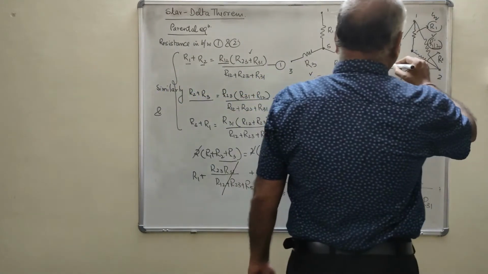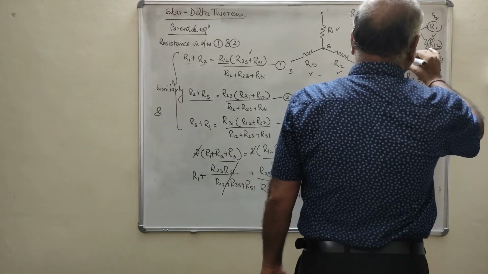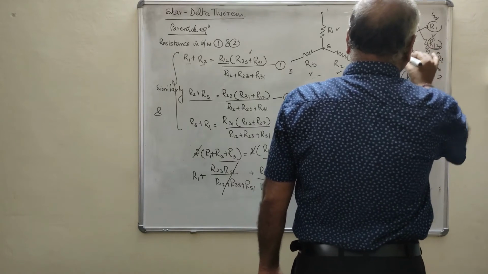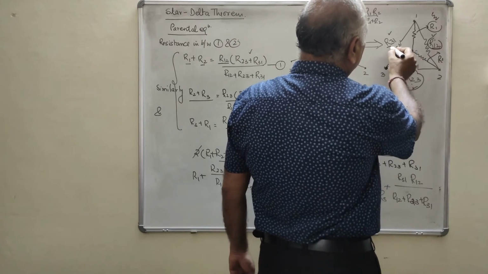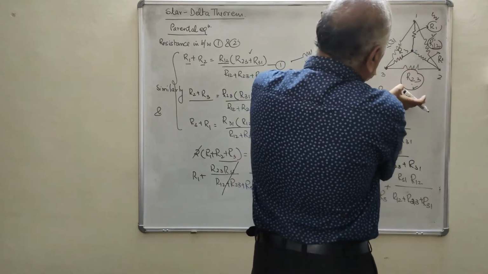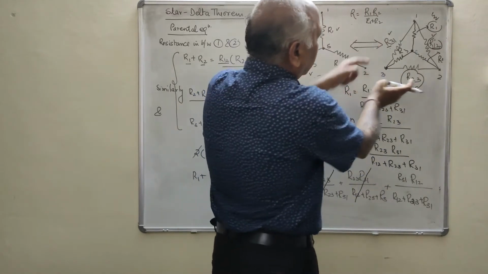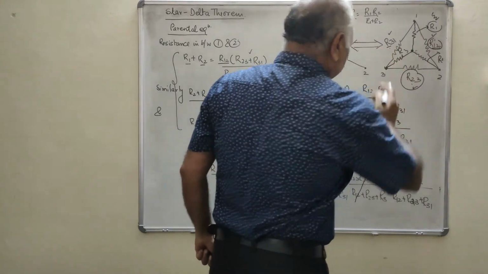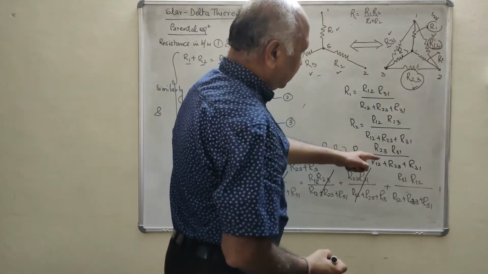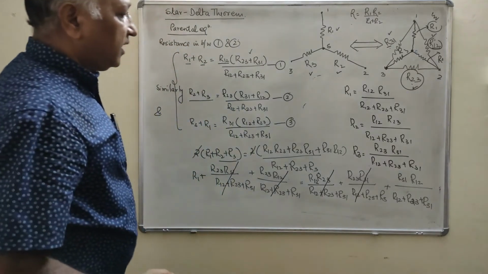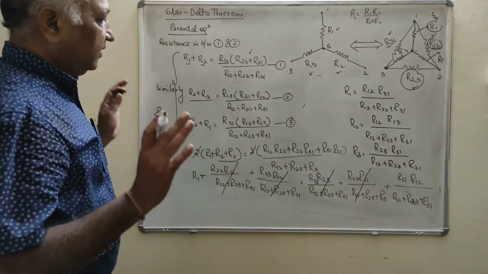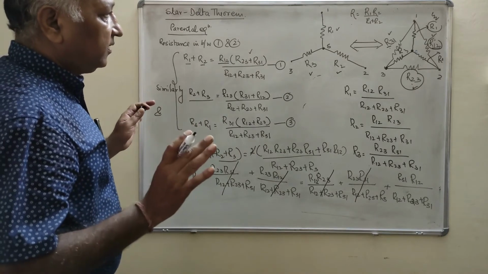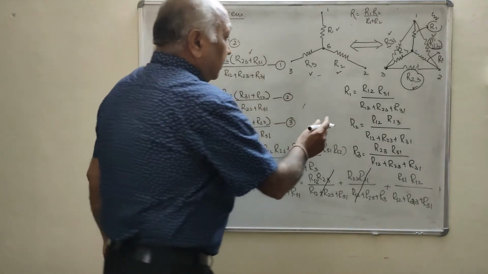Clear? Similarly, to find the value of R3, which resistances are joining at 3? R23 and R31. That means the product of R23 and R31 upon the sum of the 3 resistances, that is R23 R31 upon R12 plus R23 plus R31. Clear? Any doubt?